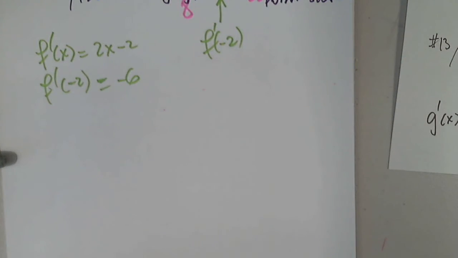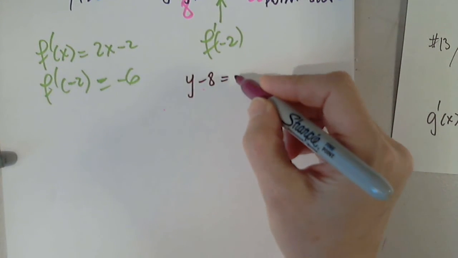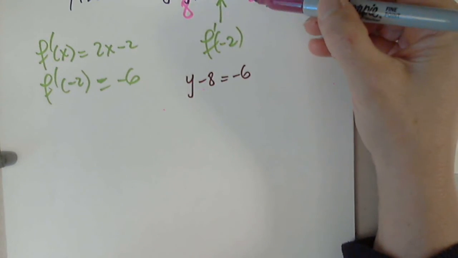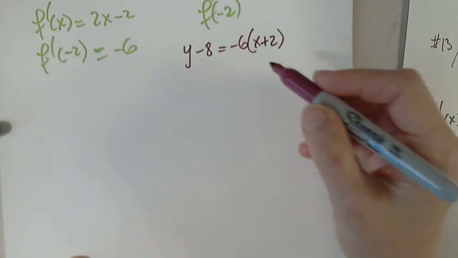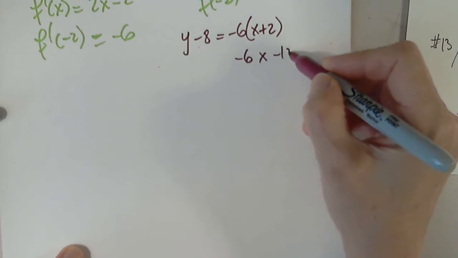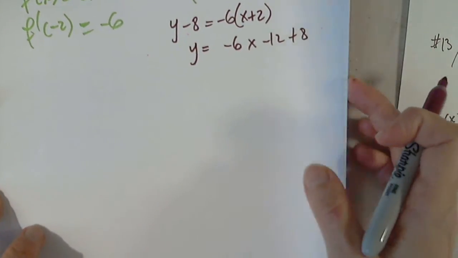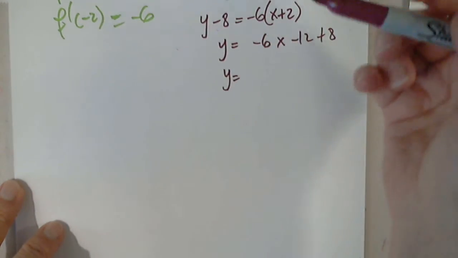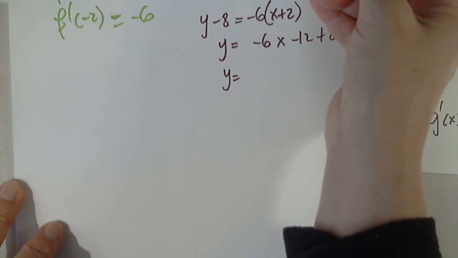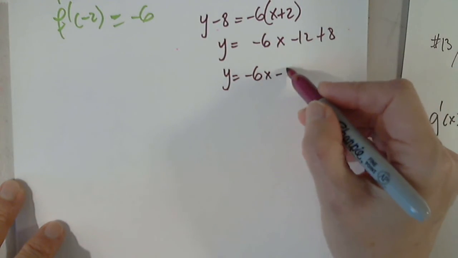At this point, I have everything I need. y minus 8 equals negative 6 times x minus negative 2, which means x plus 2. I distribute negative 6, minus 12, and I bring 8 over. I combine like terms, so the equation of the tangent line to the graph of this function at this point is y equals negative 6x minus 4.